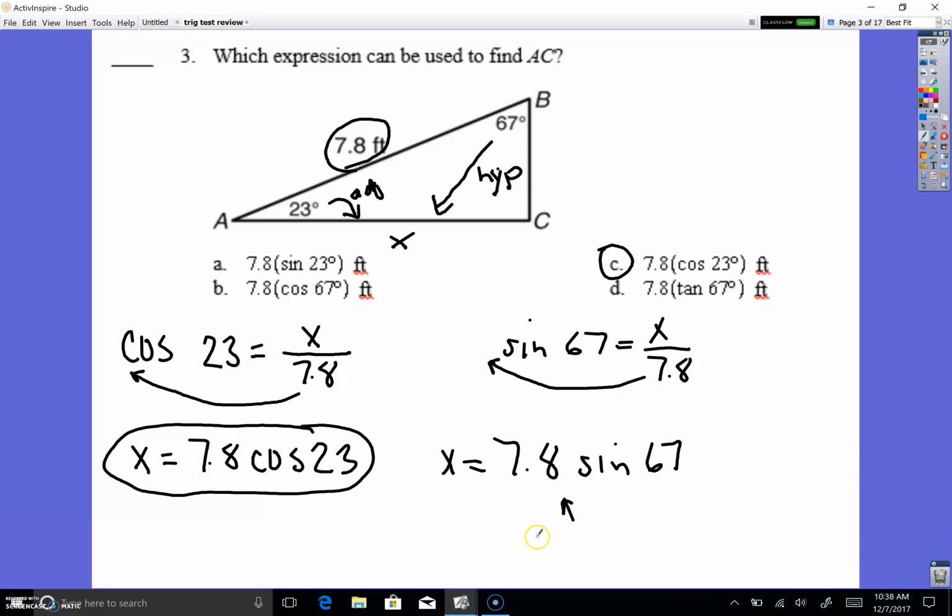This is a good answer, but it's not a choice, okay? 7.8 cosine 23.